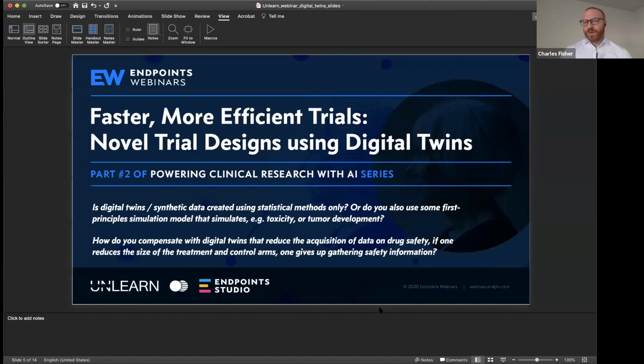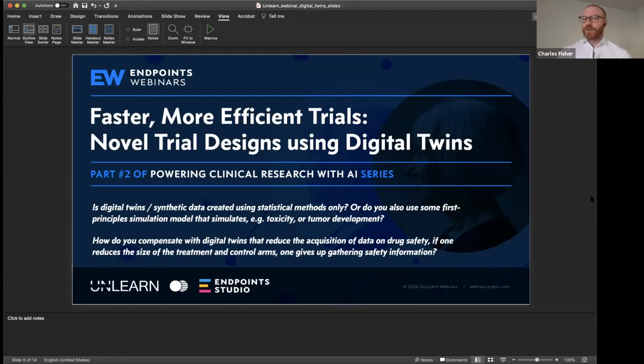And on the second question, if you look at the actual example of the digital twin that John showed earlier, it's not just predicting ADAS-Cog11. It's not just predicting CDR-Sum. So not just these things related to the efficacy of the drug, but we are also predicting values of all of the important labs over time.